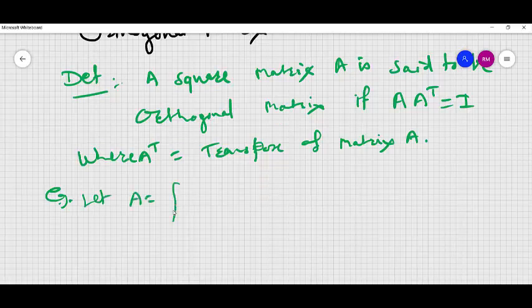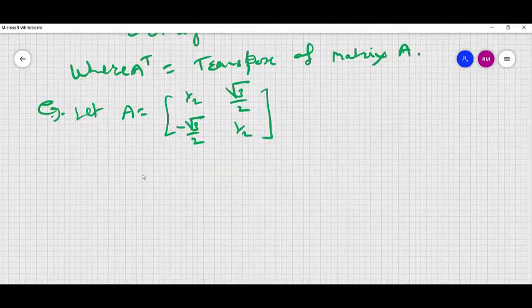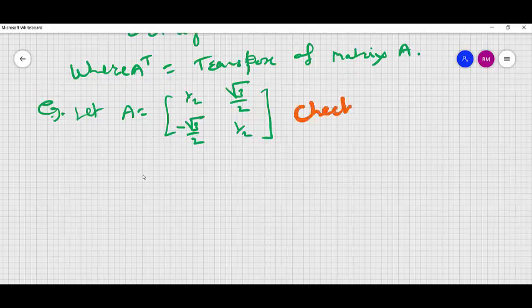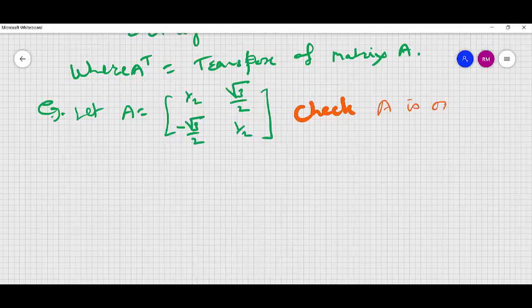Let A equal to 1 upon root 2, root 3 by 2, minus root 3 by 2, 1 by 2. So we have to check whether it is orthogonal matrix or not. Question is, check is orthogonal or not.